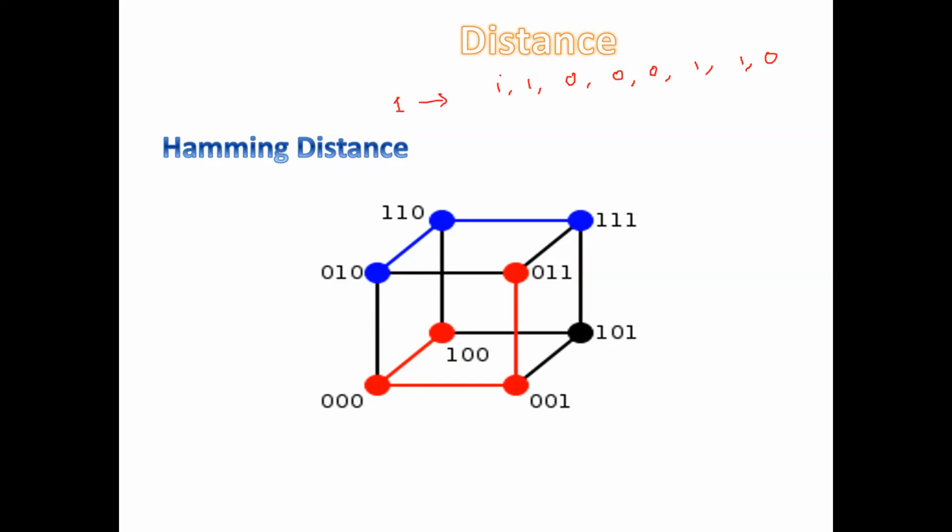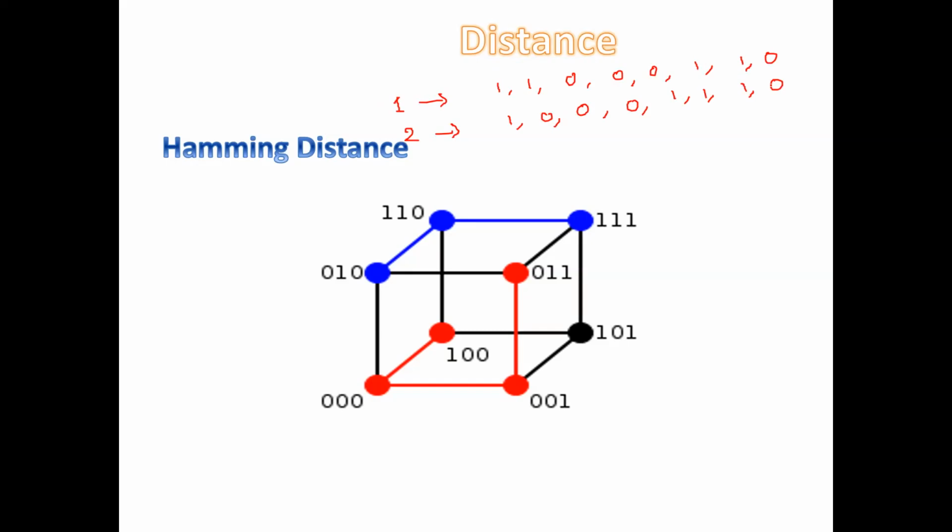These are all categorical data. Observation number 2 is, let's say, 1, 0, 0, 0, 1, 1, 1, 0. Hamming distance will only say in which positions the values are different.